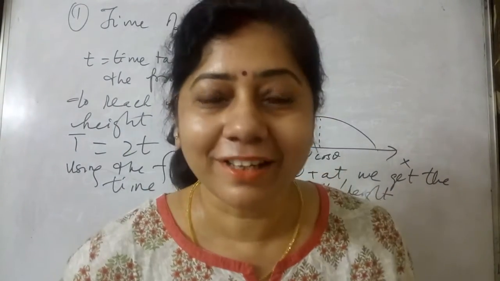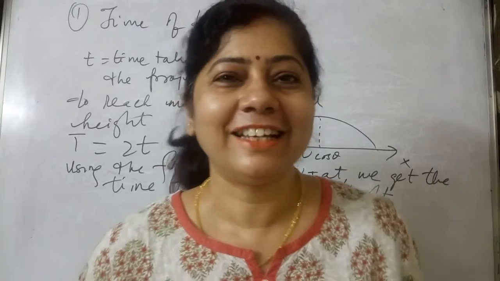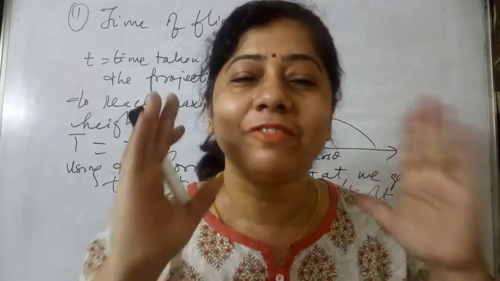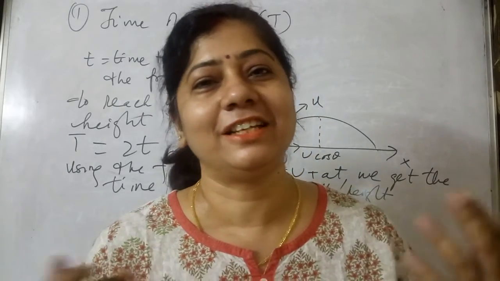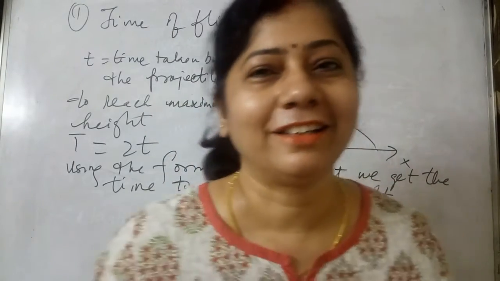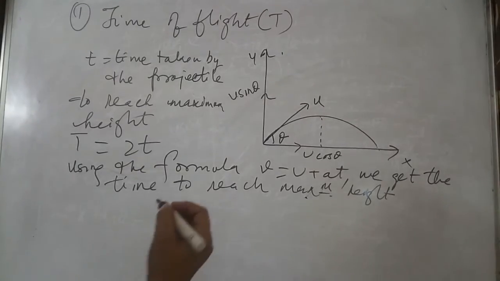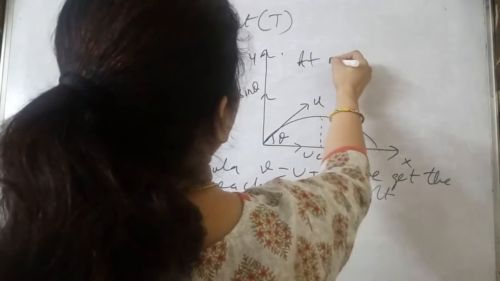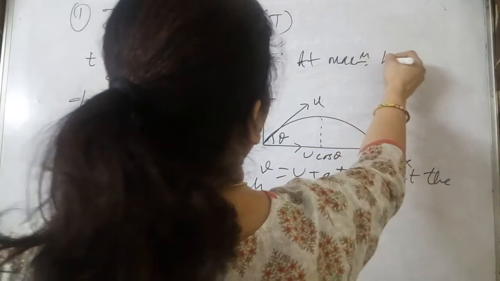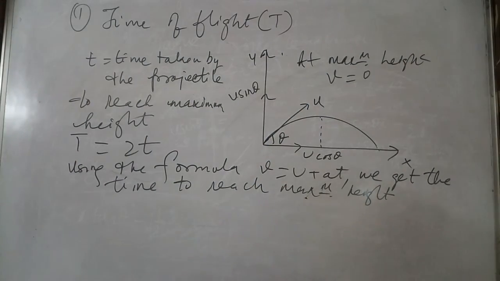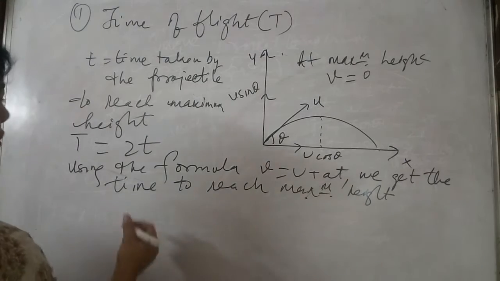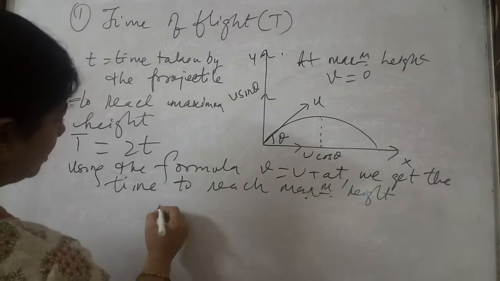Now the interesting part to understand: when the body reaches the maximum height, the final velocity is 0. This is very, very important, please take it. So at maximum height, the final velocity is 0. So this becomes 0.